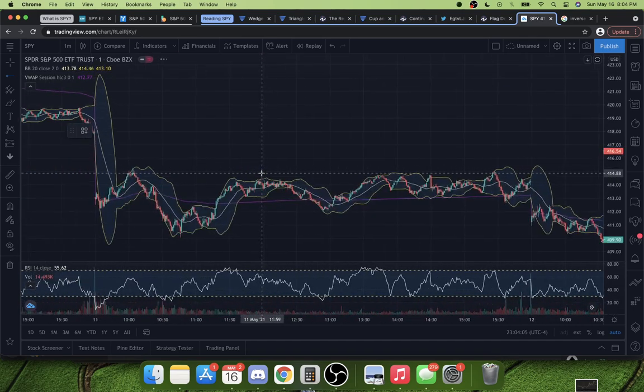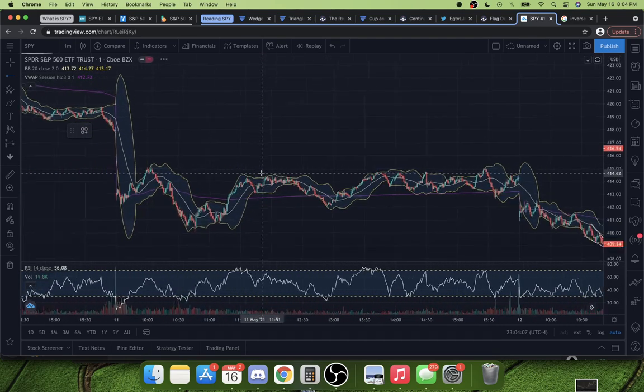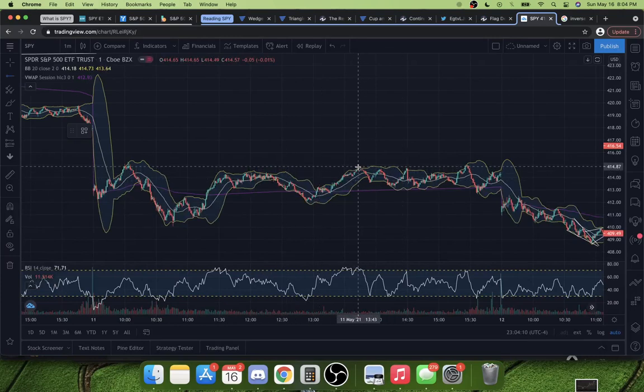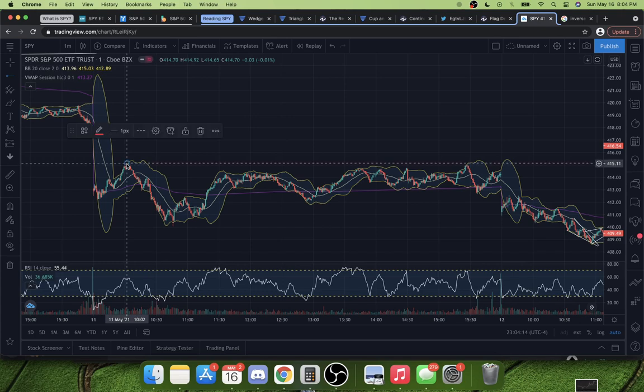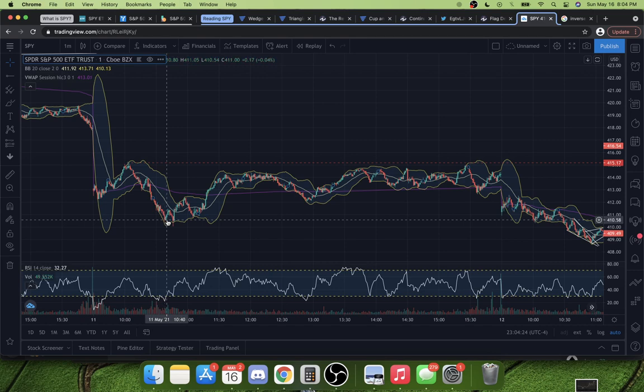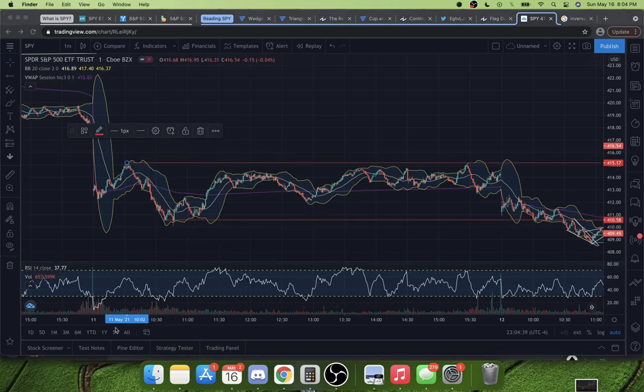Okay, so I'm going to zoom out a little bit here, just get a better idea of the overall movements. So I just drew that.